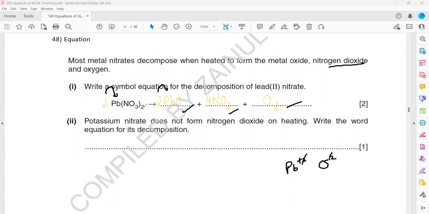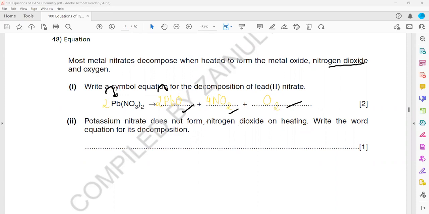And nitrogen 4, nitrogen 4. So this equation is balanced. For thermal decomposition equations, either you learn them or you just remember the order, that is fine. But I advise to learn the thermal decomposition equations for metal nitrates, metal carbonates, and metal hydroxides.